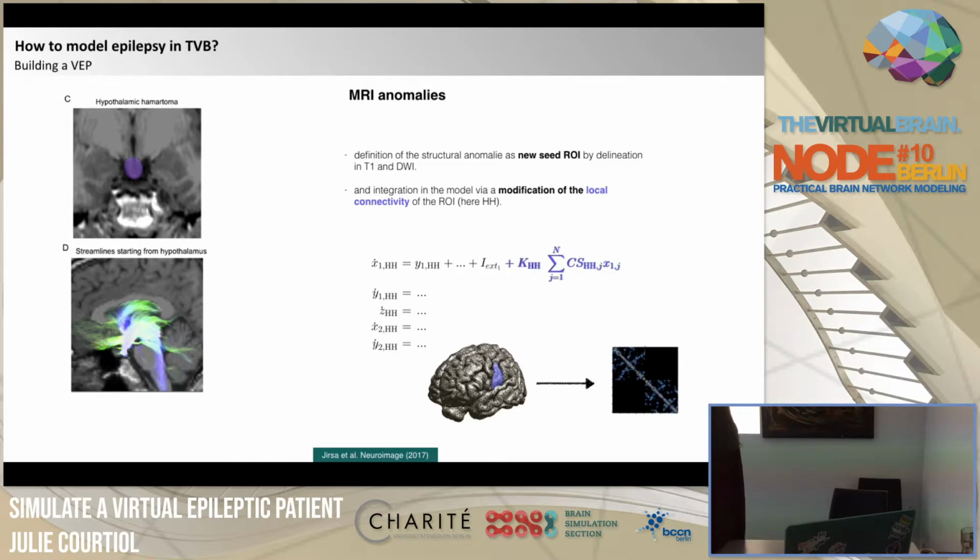And to introduce this anomaly inside the brain network, we will first define this anomaly as a new node in my network, and then to add the influence of this anomaly, we will add a local connectivity in the equation of the nodes.